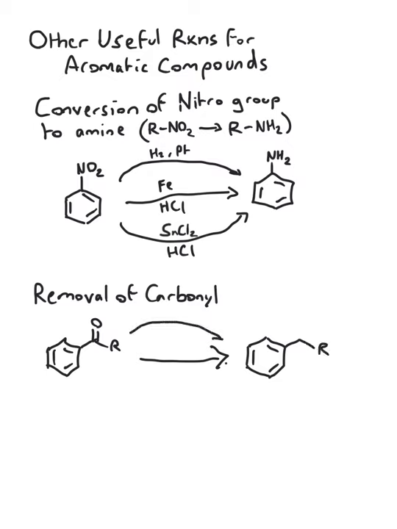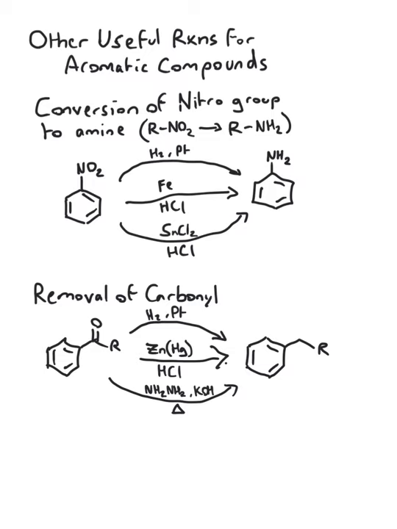Well, once again, we can use our magic chemicals of hydrogen with platinum. We could potentially use zinc amalgam, which is with mercury, with hydrochloric acid, or the most popular one, we use hydrazine, which is NH2NH2 with some KOH along with some heat.